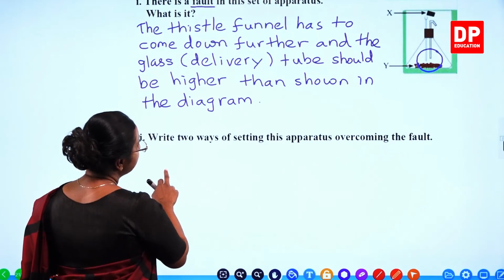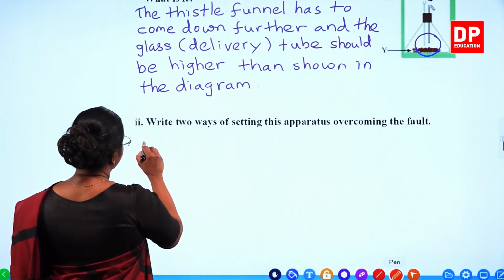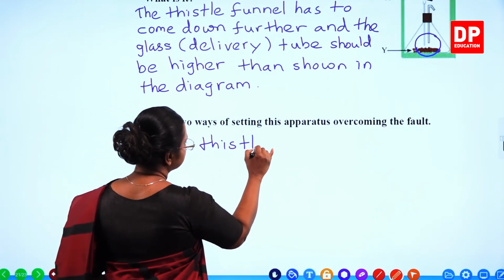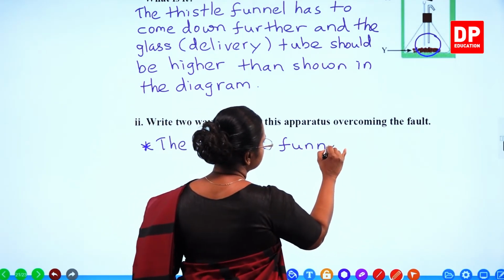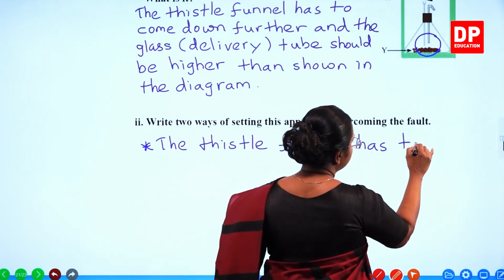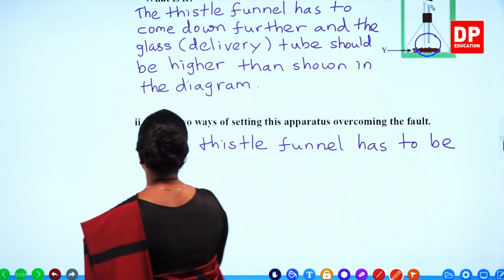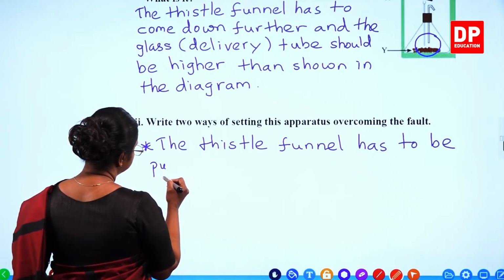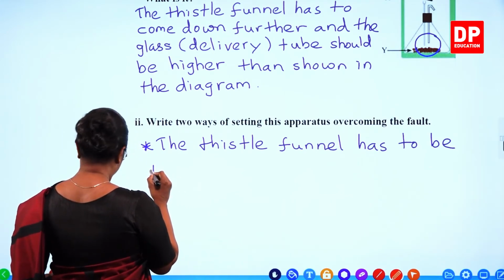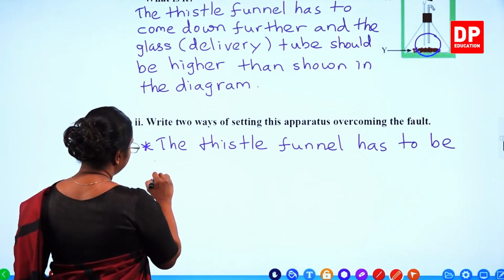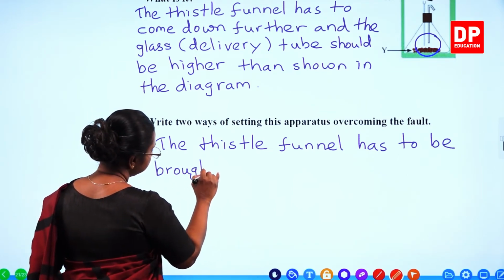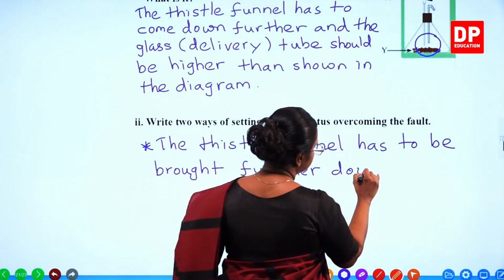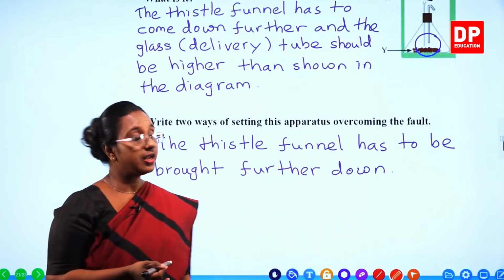So here we can say one thing, the thistle funnel has to be or should be pushed, or we can say brought further down. That is one change you can do.